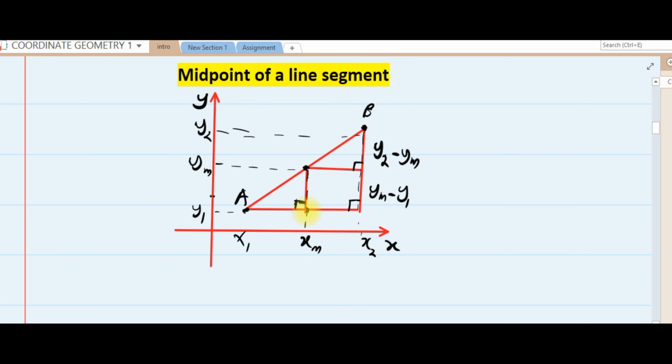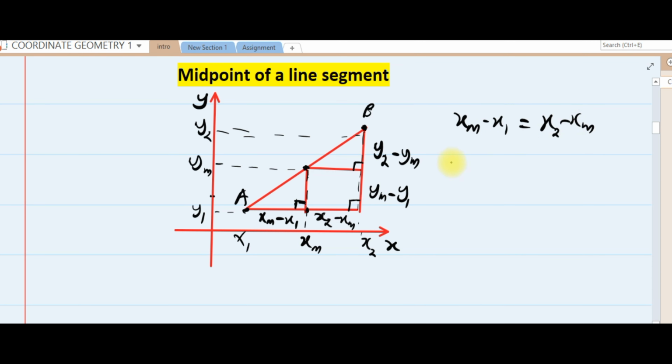Again, for this to be the middle, this here must be xm minus x1. Here is x2 minus xm. So we are saying for this to be the middle, for x now, these two must be equal.